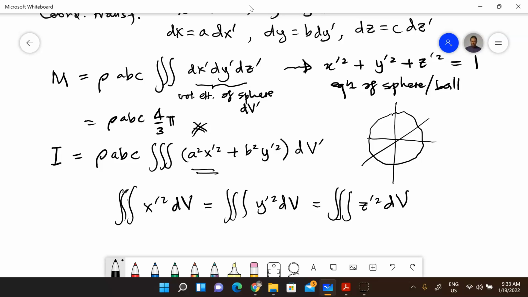Okay, because they are just symmetric about this interchange of x, y, z.